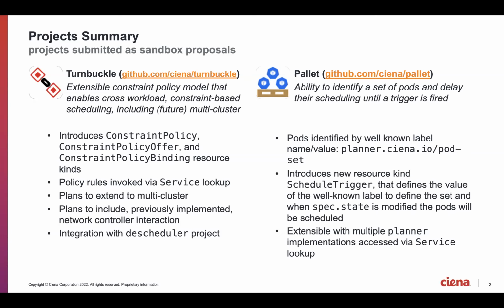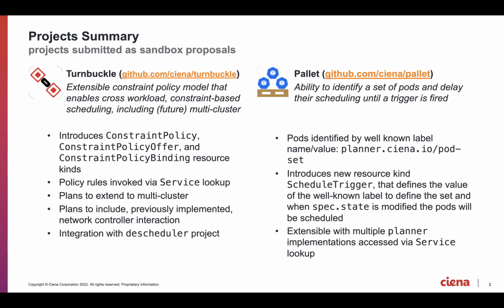And so we created a constraint model where you come up with a constraint policy, which is in turn a set of rules. And I'll go over that in a little more detail later. And then off the constraint policy, we create what we call a constraint policy offer. And that offer essentially uses label selection to map a constraint policy to one or more resources.